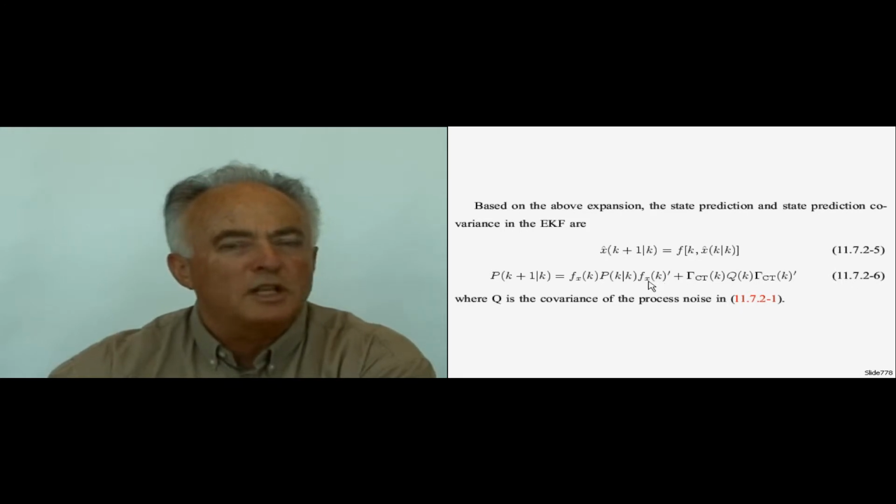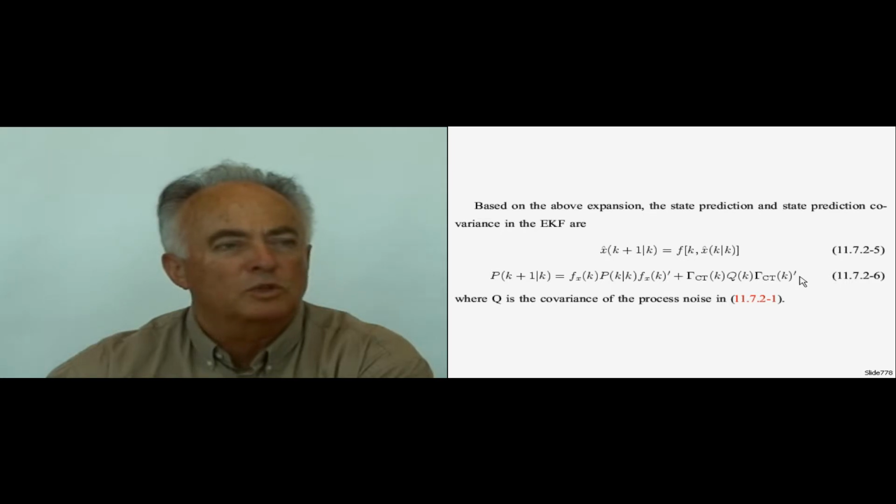So the Jacobian really plays the role of the transition matrix from the linear systems, plus the gamma Q gamma transpose, where Q is the process noise covariance. That's a 3 by 3 matrix.